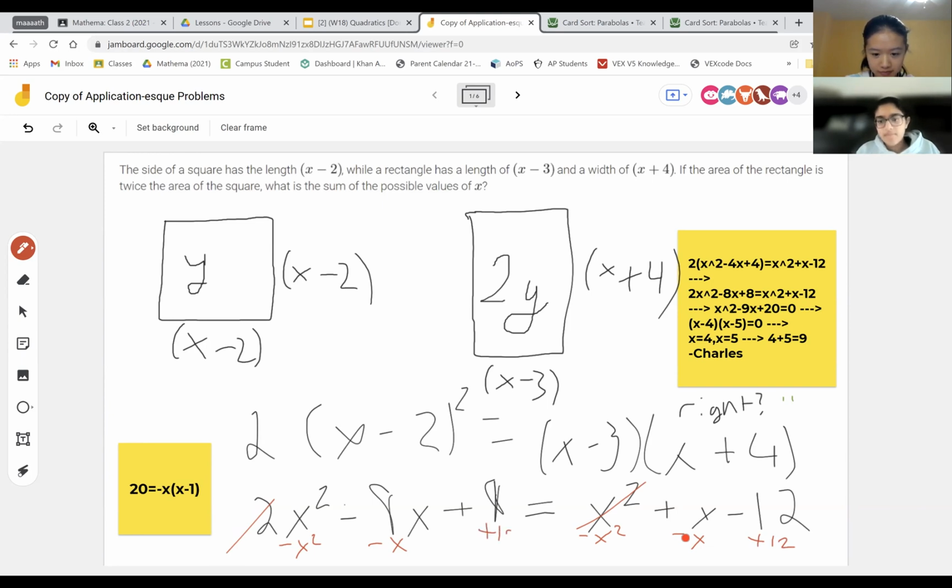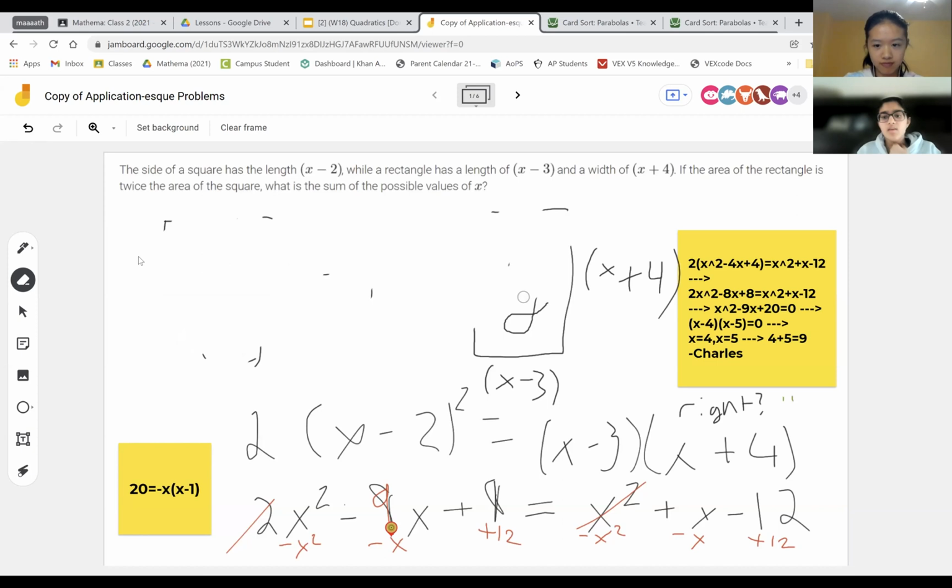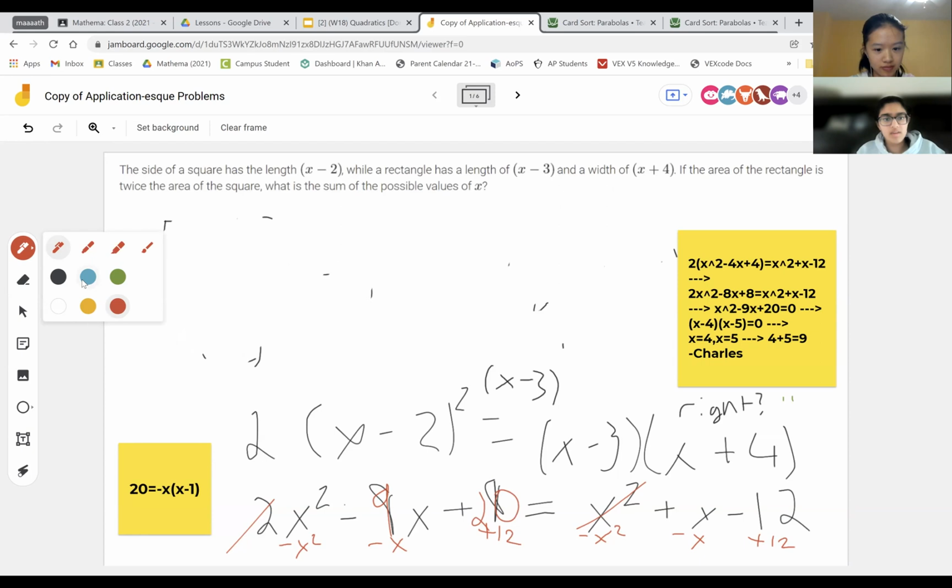And then we would subtract x from both sides, so we'd get negative 9x here, and we would add 12 to both sides, so we would get 20, right? And that would be x squared minus 9x plus 20.